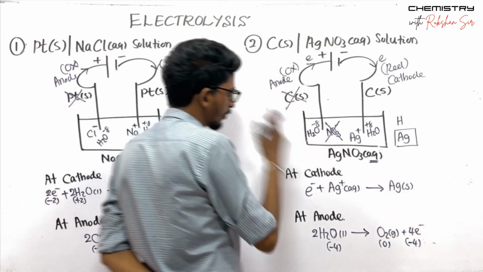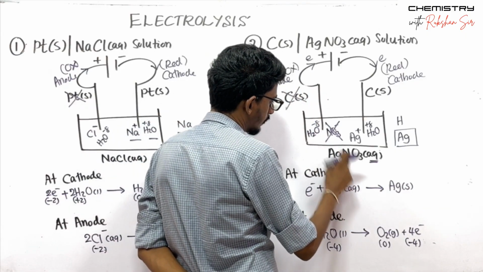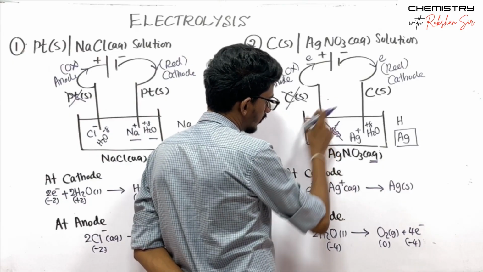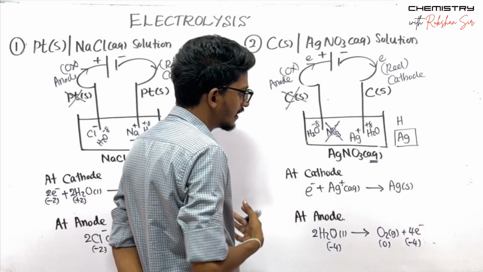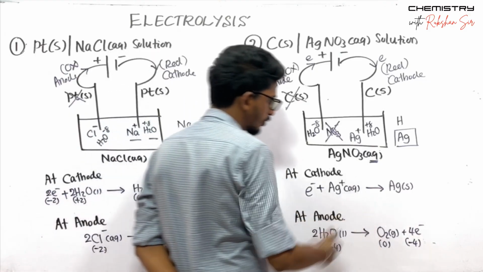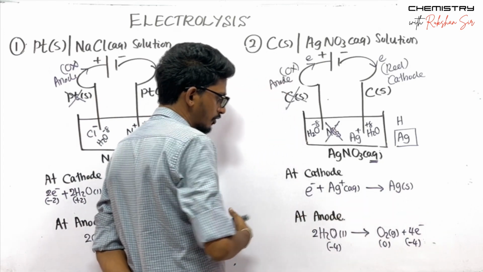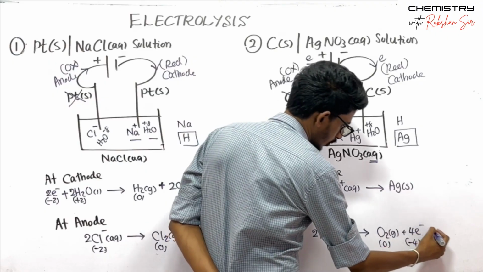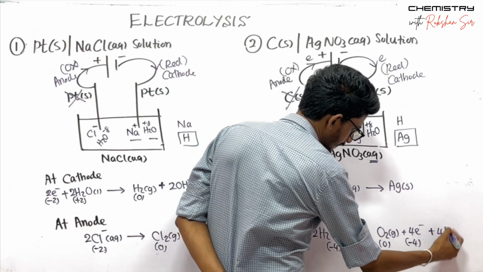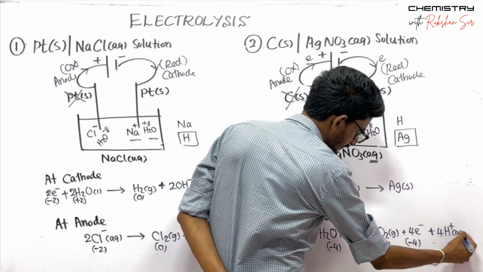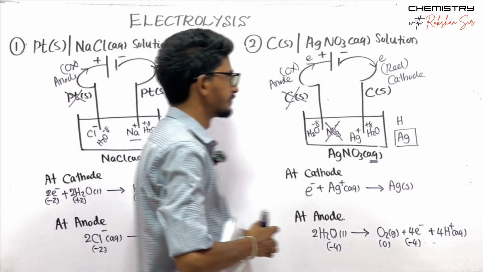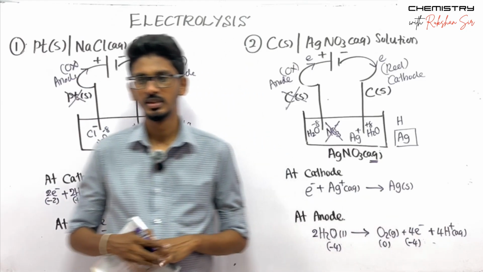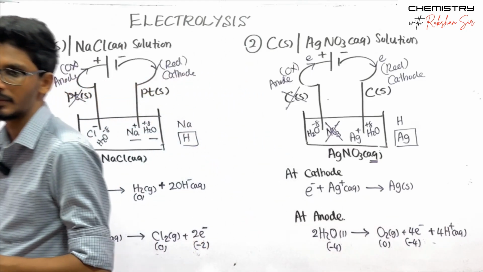Again a neutral solution, and what is involved at the anode? If it is involved at the anode, you have to do acidic medium balancing. So charge should be balanced with the use of H plus. So 4 H plus should be there. That is your anodic reaction. Right, let's complete this after.